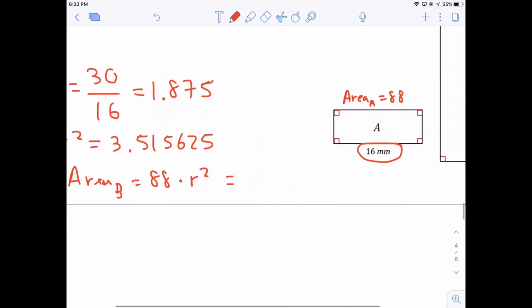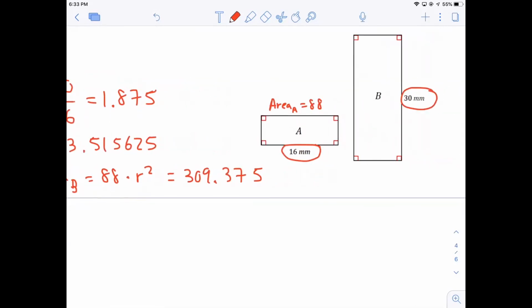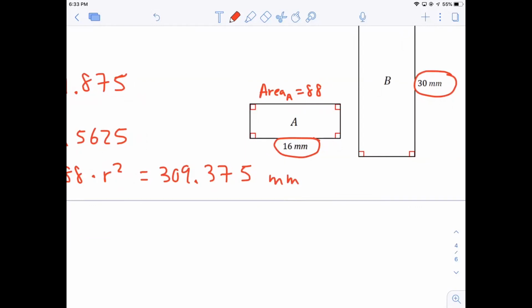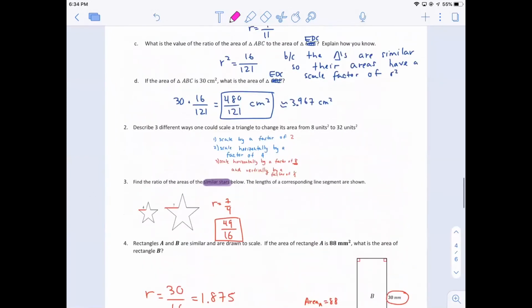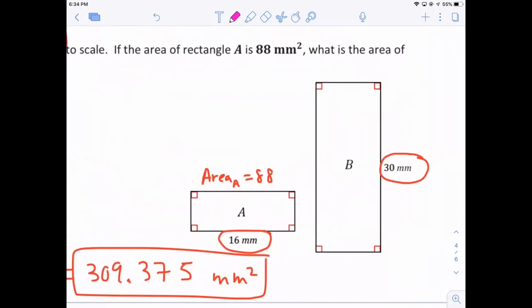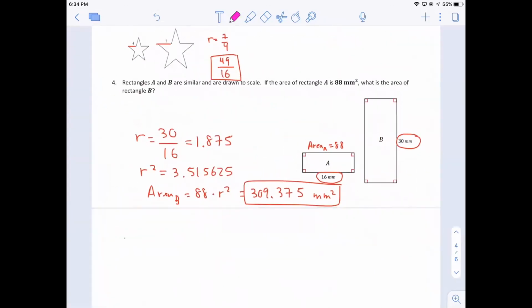And that ends up being 309.375. And let's include the units, millimeters squared. All right. So really nothing too crazy here, right? If we scaled vertically and horizontally by different scale factors, just multiply those two scale factors together.